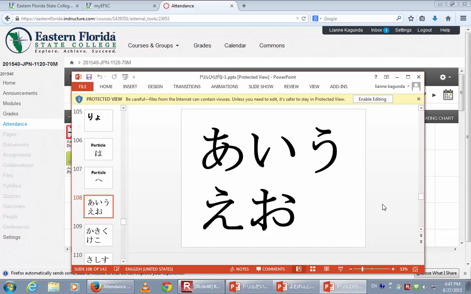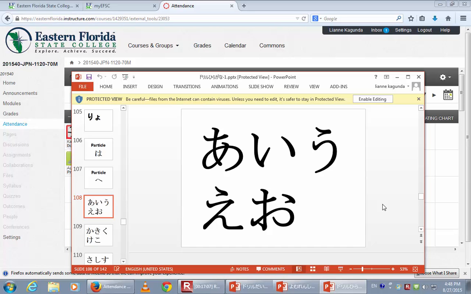Every lesson in the book has a tango section. It means vocabulary. Tango. Kyu. Not the English letter. Anyone know what number this is? 9. Kyu means 9. Number 9.